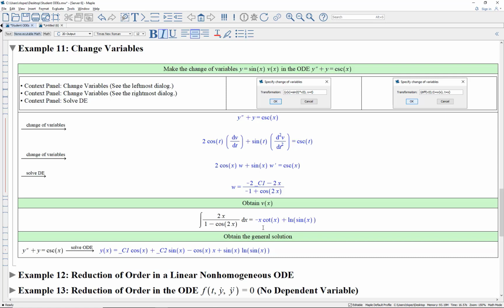And if you take this V and multiply by that sine x, then the cotangent becomes cosine. So this term is this term, and sine times log sine is this term. So this device has produced the particular solution.